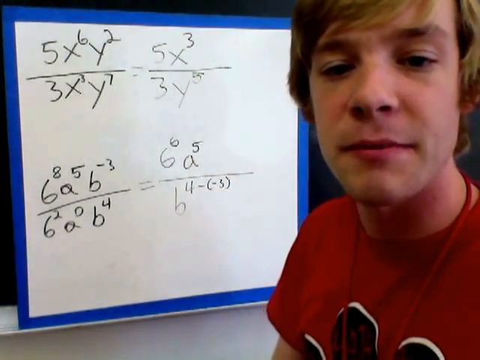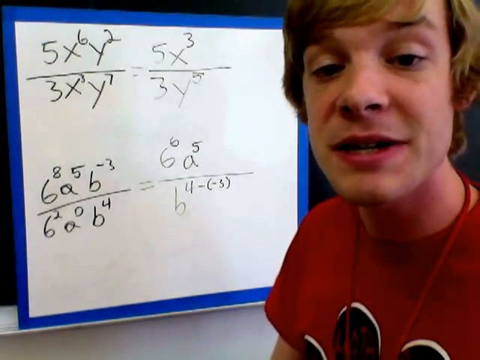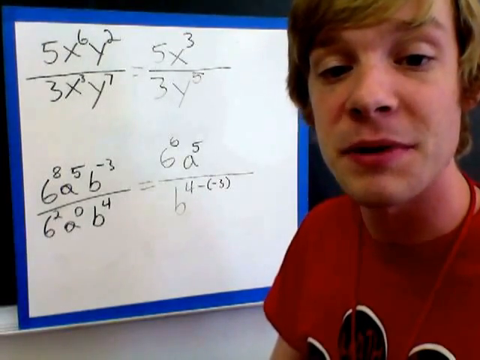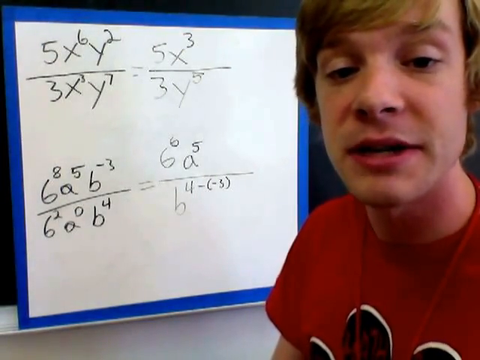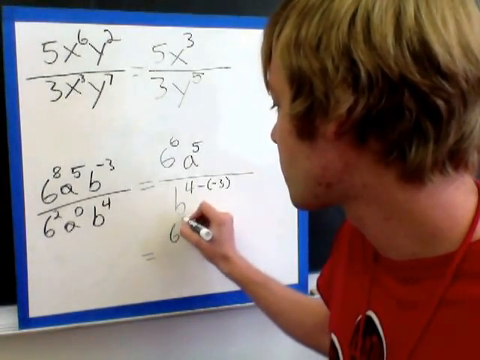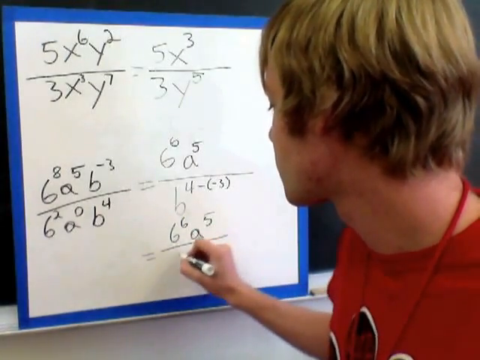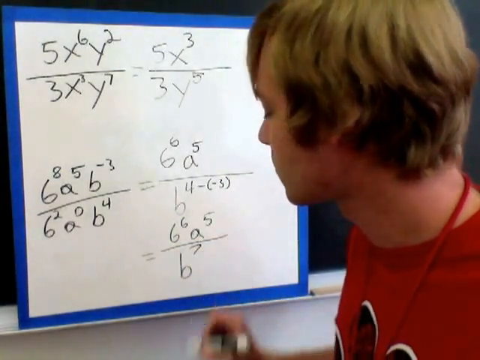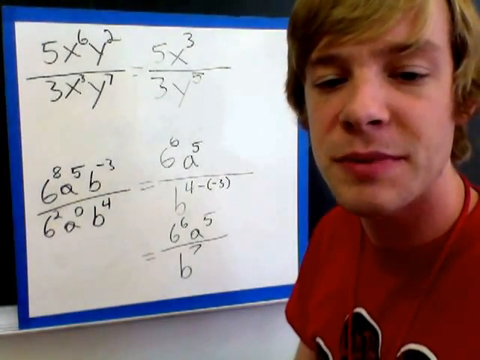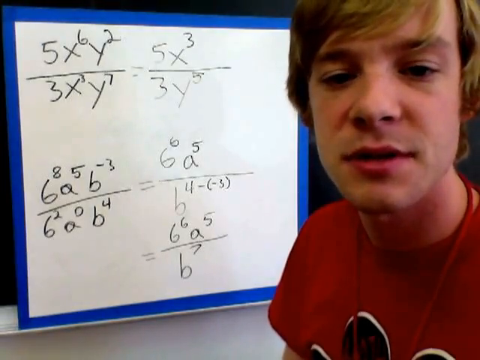And as you should remember, anytime we're subtracting a negative, that becomes a plus. So this is basically 4 plus 3 now in the denominator. So I'm actually going to end up with b to the 7th power in my denominator. So whenever you have a negative, remember to be careful about your subtracting because the signs do change sometimes.